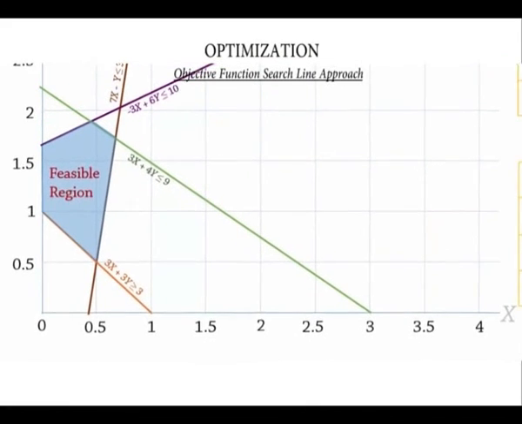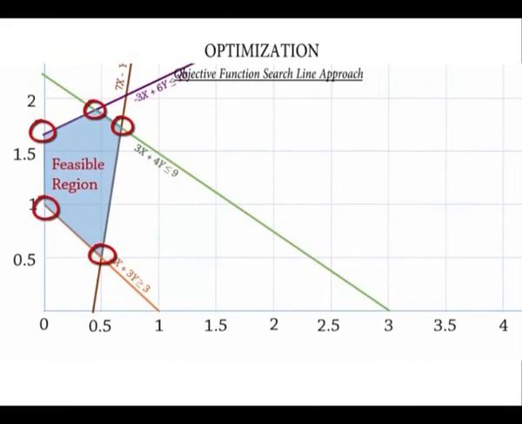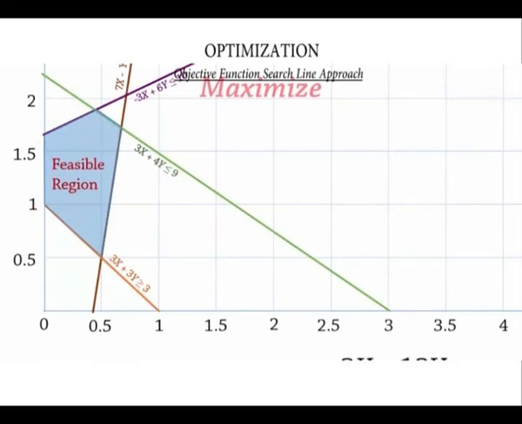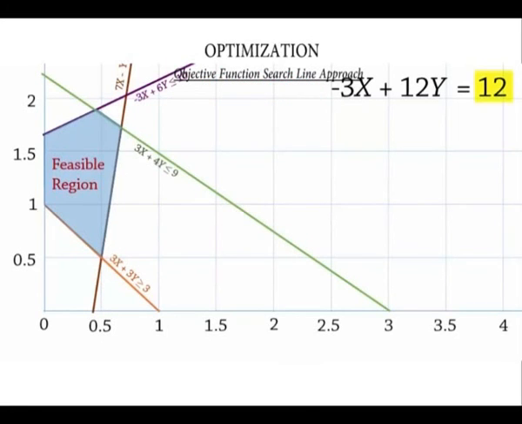To determine which of these extreme points is the maximum, we draw a search line. We want to maximize negative 3x plus 12y. We equate it to a k, which is the LCM of 3 and 12. That will be 12. So we have minus 3x plus 12y is equal to 12. We draw that line.